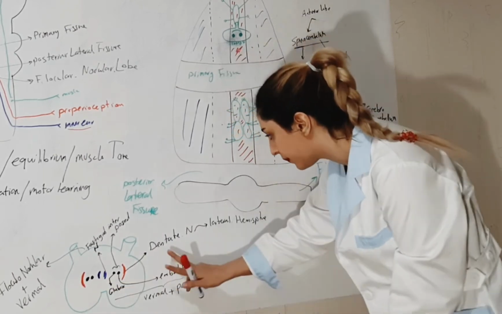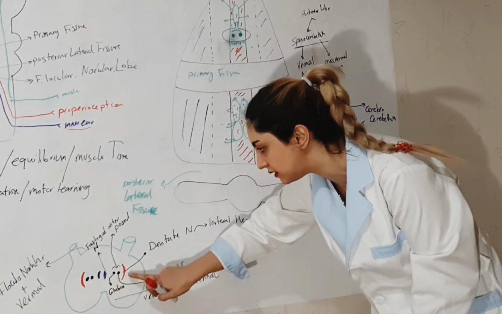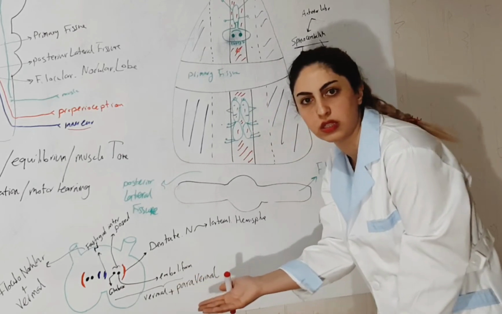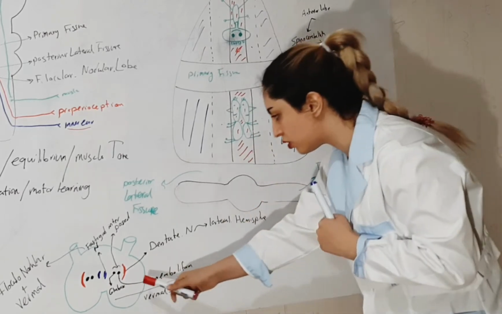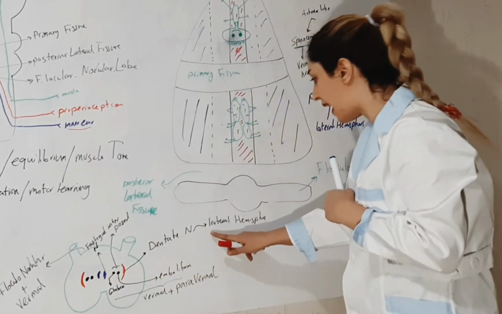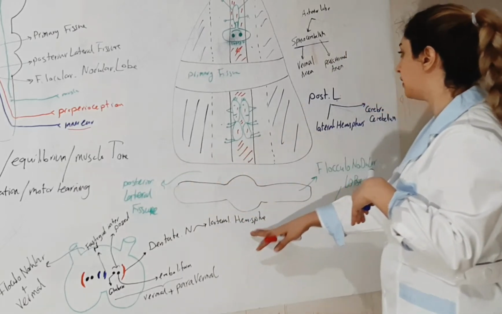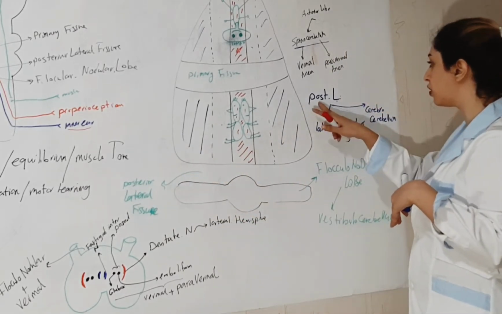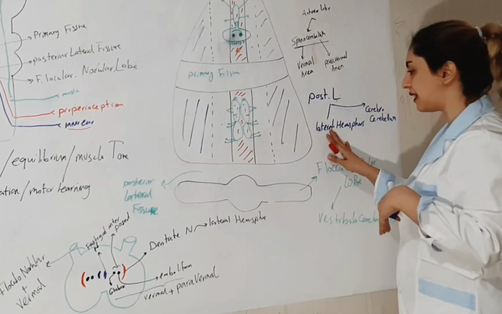Another time, as you see, the dentate nucleus is the outer part. We have two dentate nuclei, because the cerebellum has two hemispheres. The dentate is very external, so it is in the lateral hemisphere. The lateral hemisphere was the posterior lobe. So they are located in the posterior lobe, the lateral hemisphere.